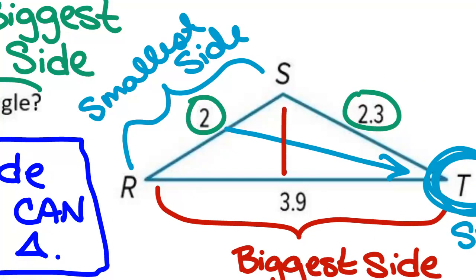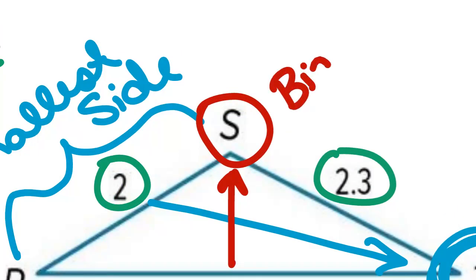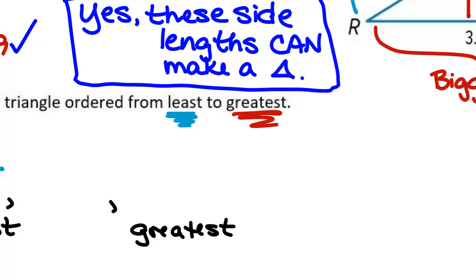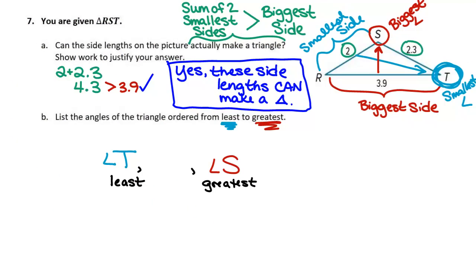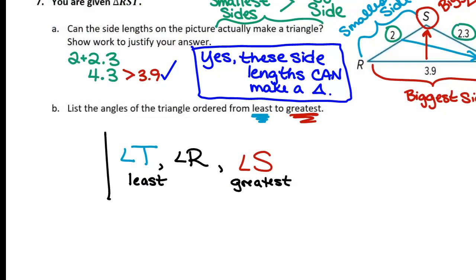So S is my biggest angle, yes. So least is T, greatest is S. So what would have to go in the middle then? R has to go in the middle.